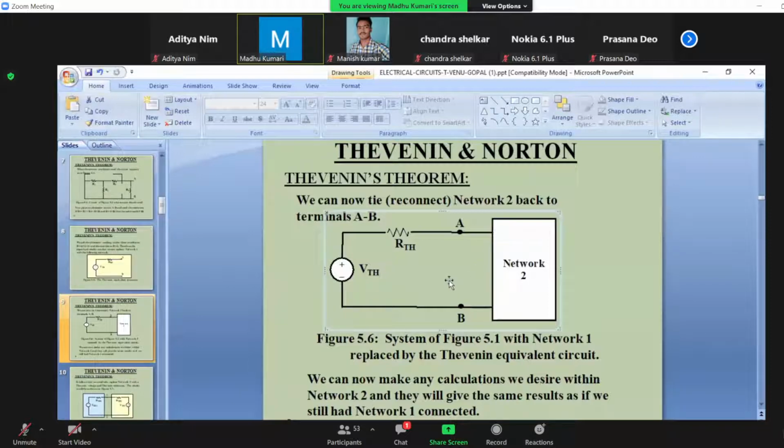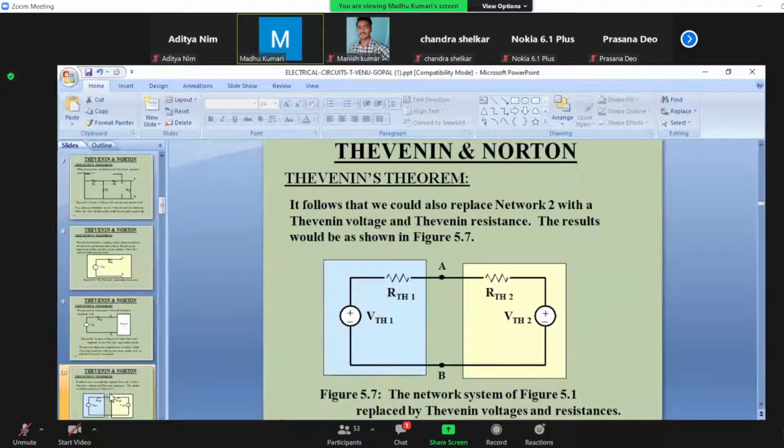Now, just the reverse of Thevenin's theorem is Norton's theorem. What is Norton's theorem? First, here is another Thevenin example.